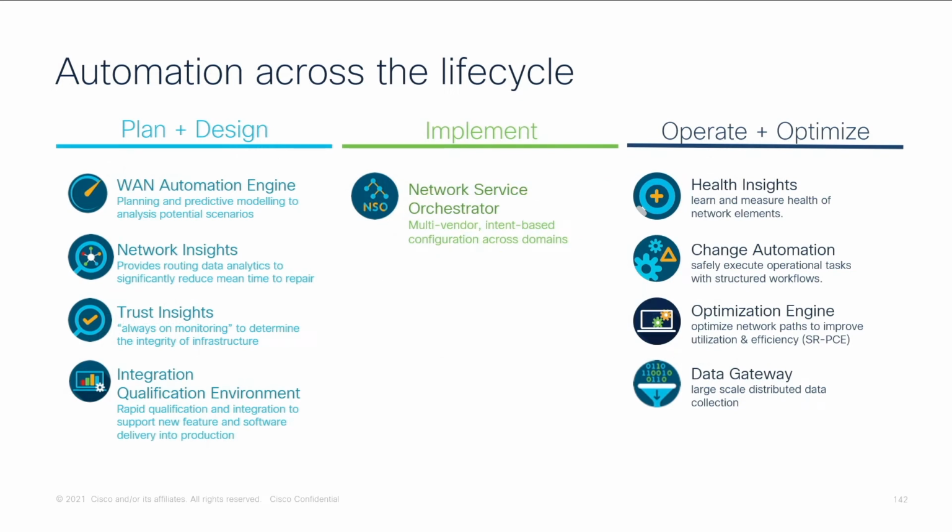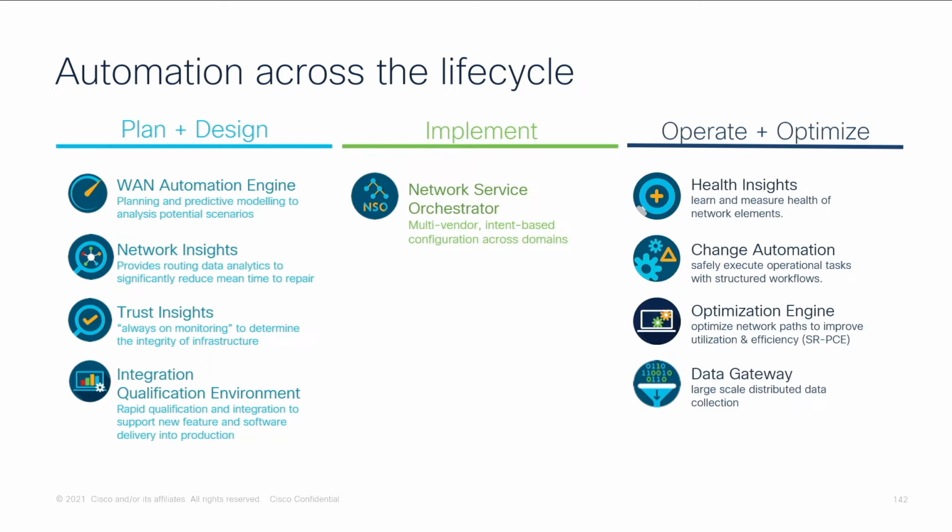Now, what we see here is the vision of Crossworks of automating across the entire life cycle. And we have NSO at the centerpiece, which is the bridge between the planning and design phases all the way up to operating and optimizing our networks.